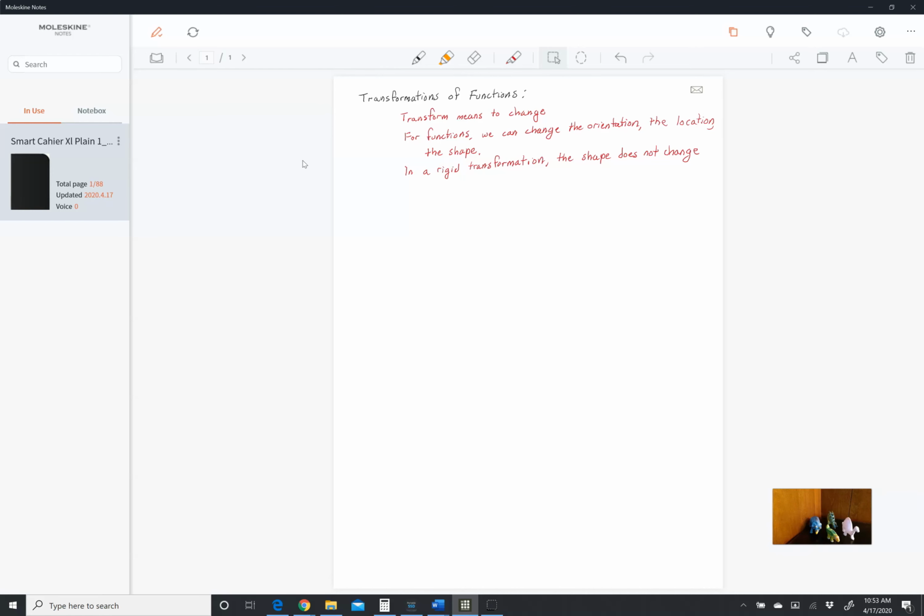So there are a few different types of transformations. We're going to be talking about 3 of them. The 3 transformations that we're going to be looking at: in this lecture, we're going to look only at reflection. But we're also going to look at translation and dilation.